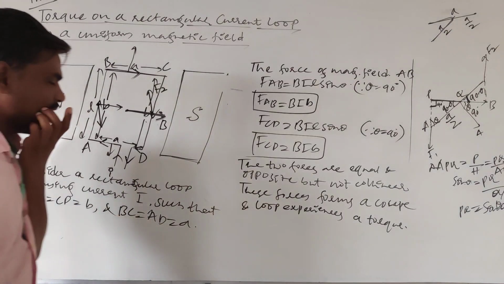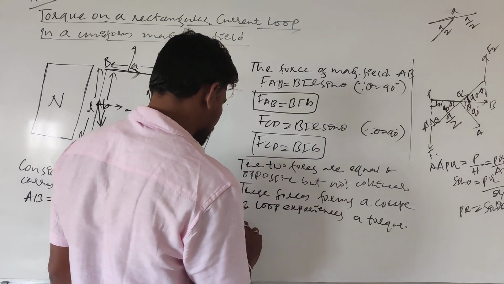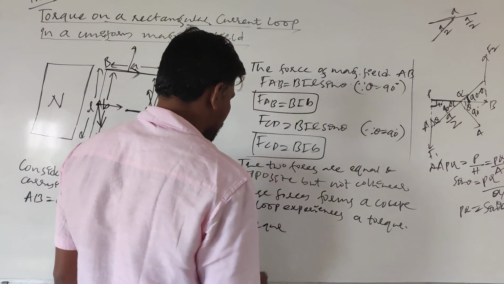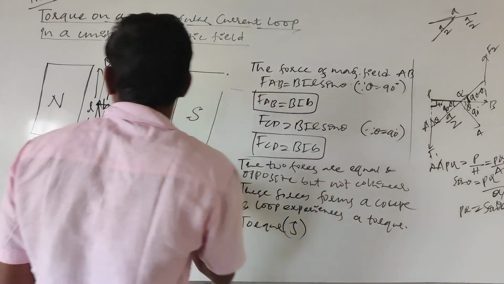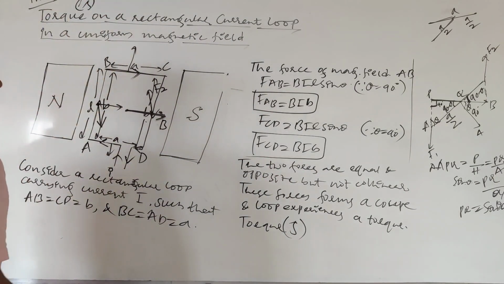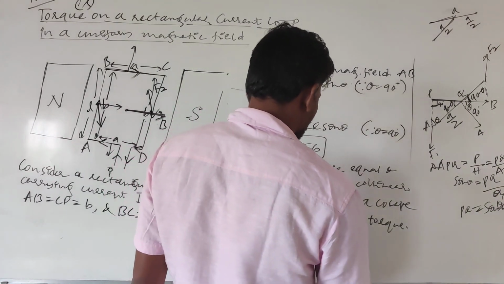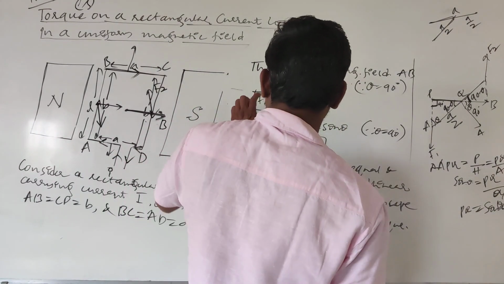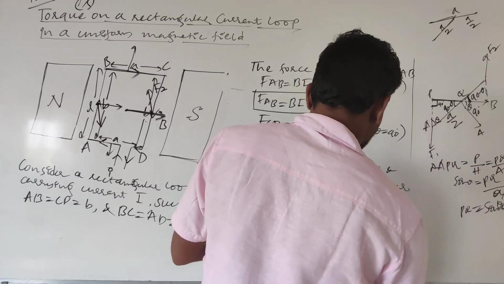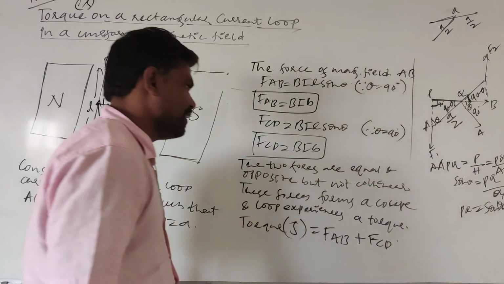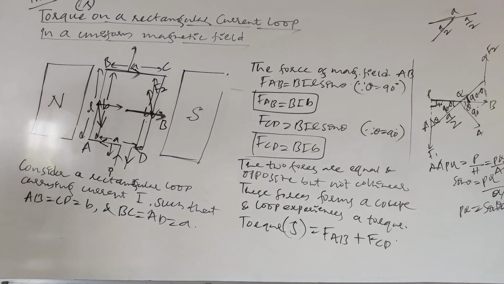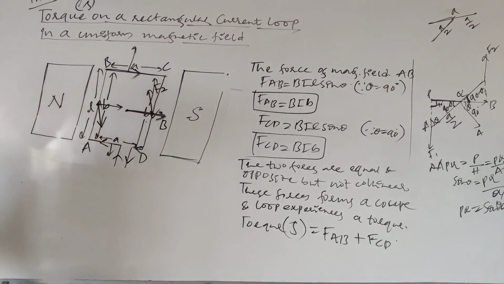So torque is denoted by tau. Tau is equal to F_AB plus F_CD.